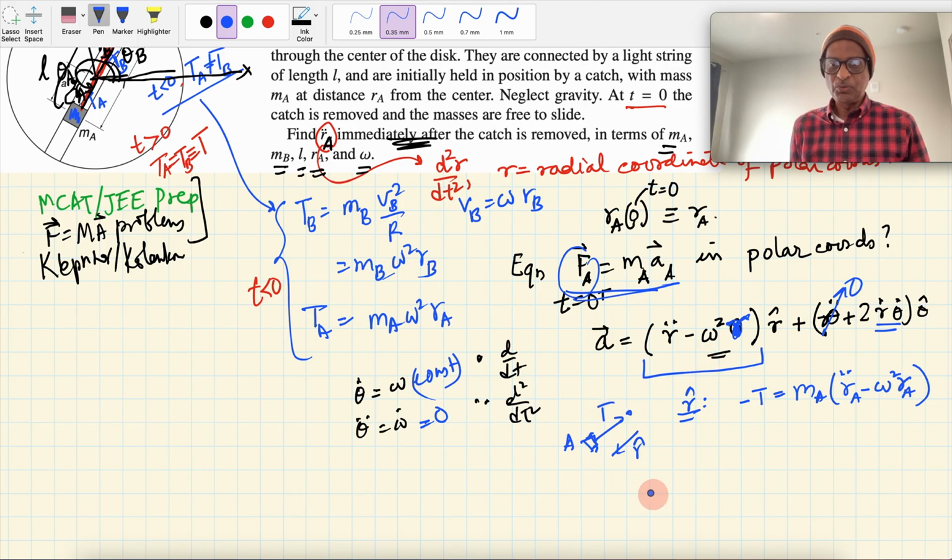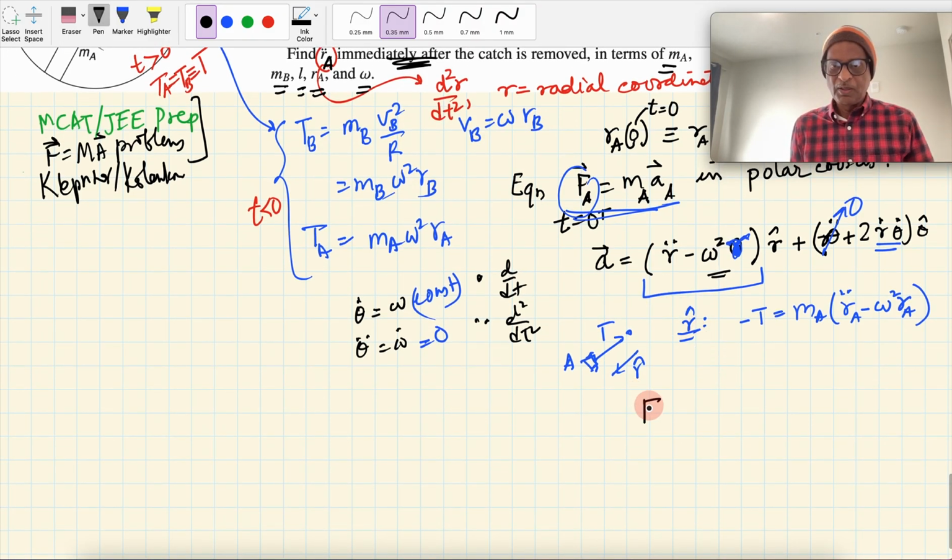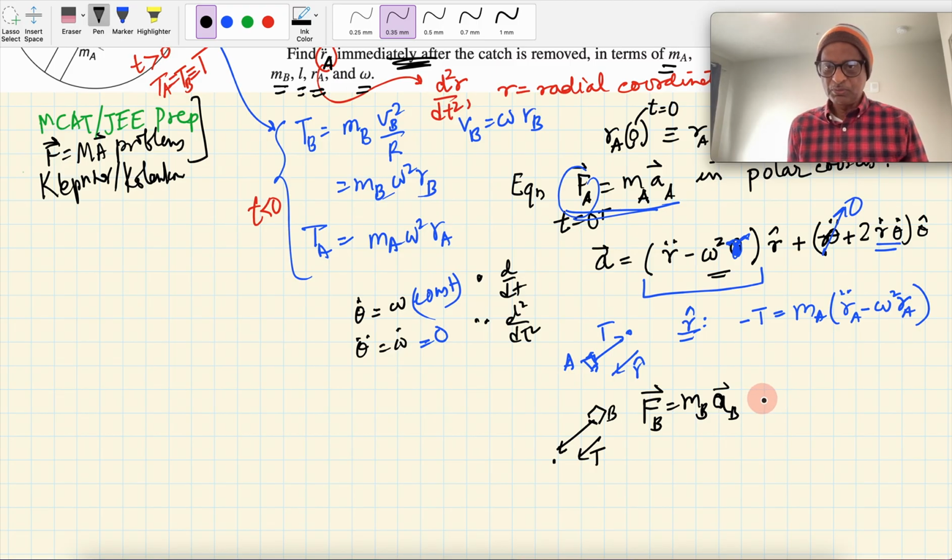Now if I do a similar equation for B, F_B equals to M_B a_B, and if I look at that guy, this is the origin, tension is pointed towards the origin on this guy, this is on B, and so its equation will be again minus T equals M_B times (r_B double dot minus omega square r_B).